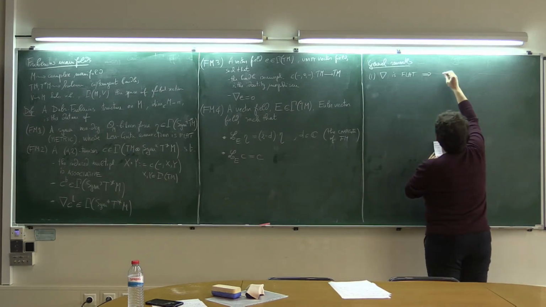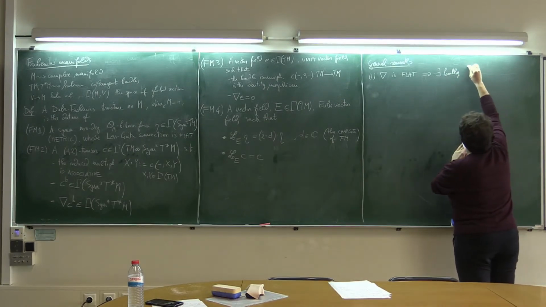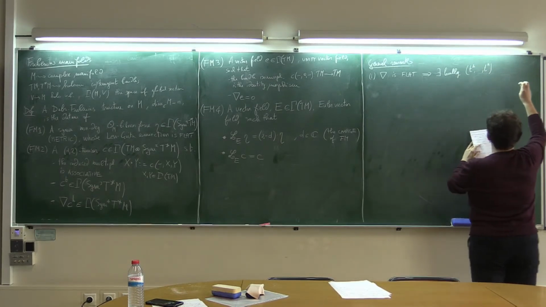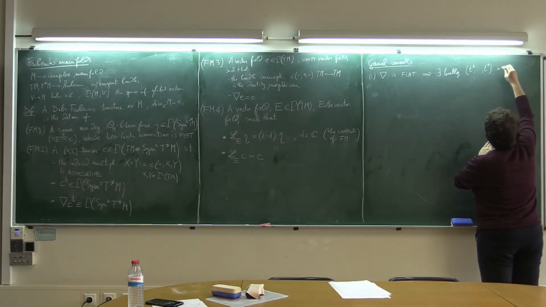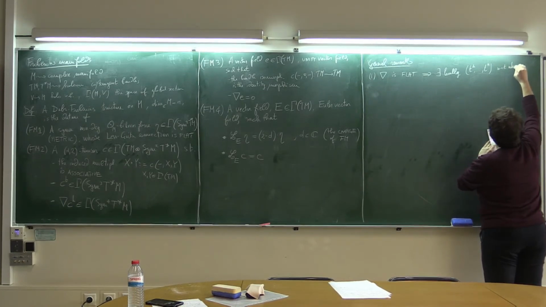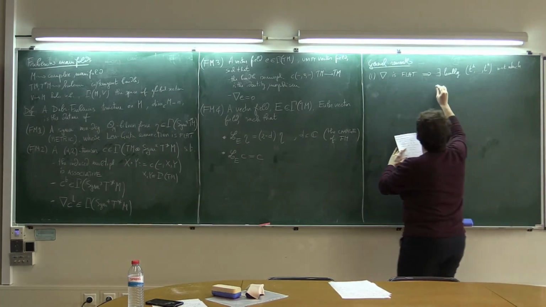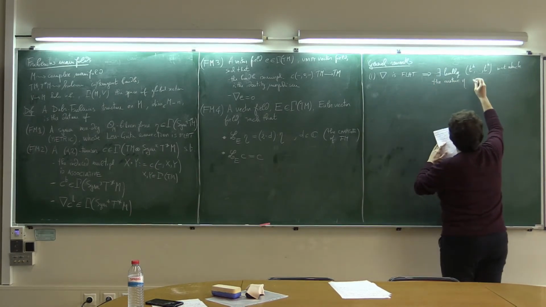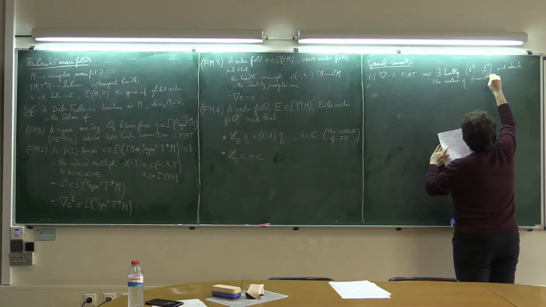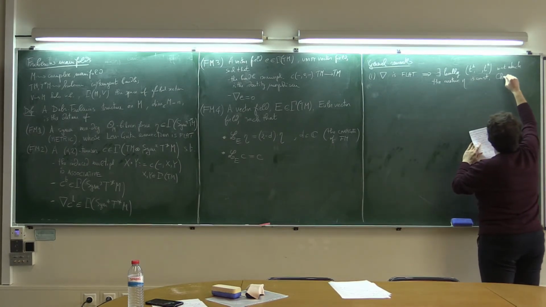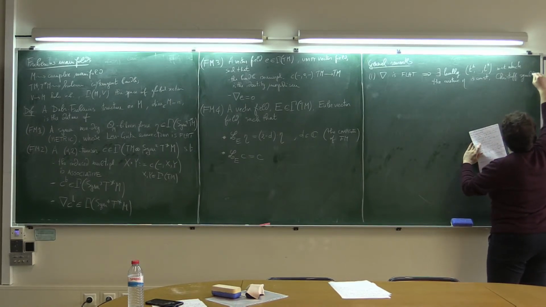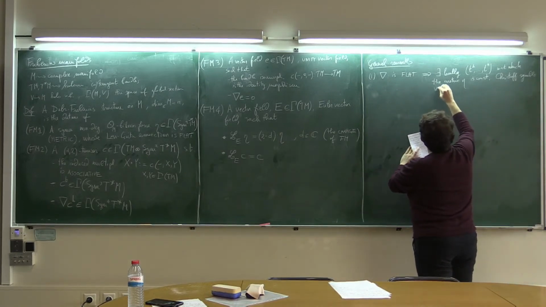Hence, locally, there exists a system of coordinates that I will denote by t^1, ..., t^n, with respect to which the metric eta is constant and the Christoffel symbols vanish.